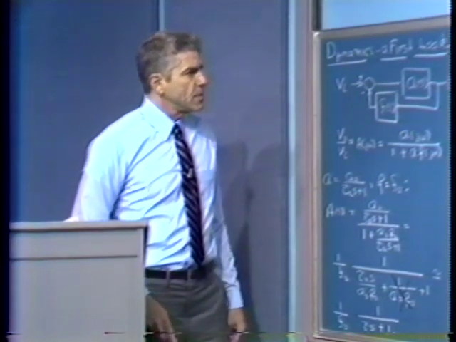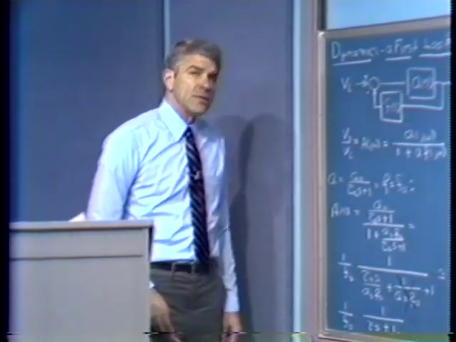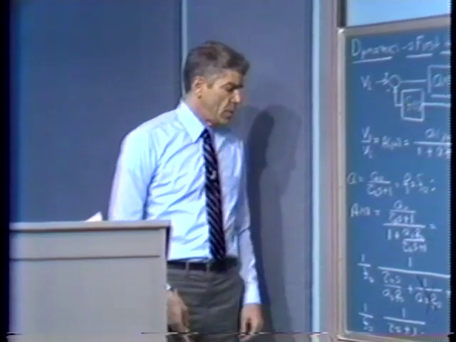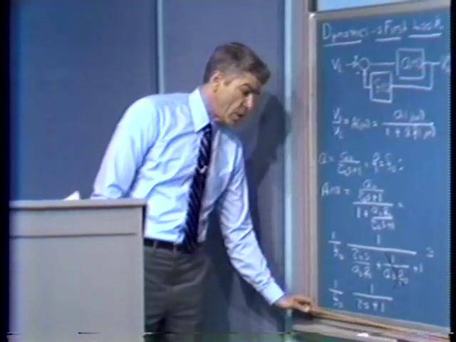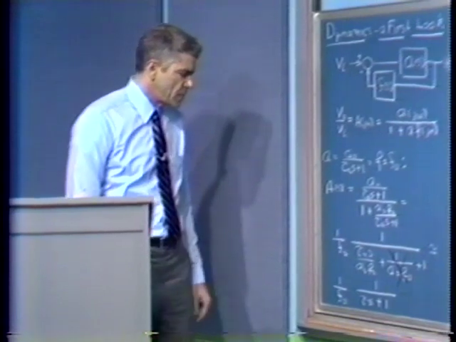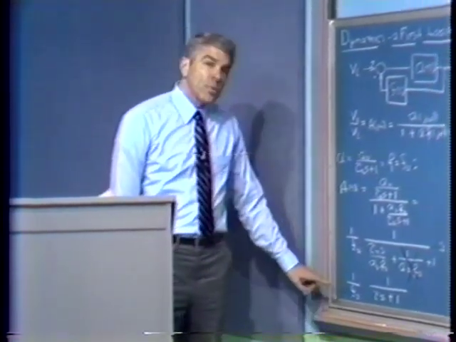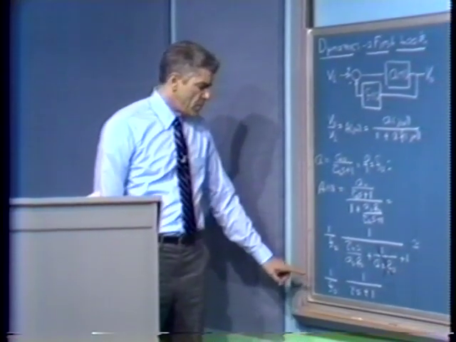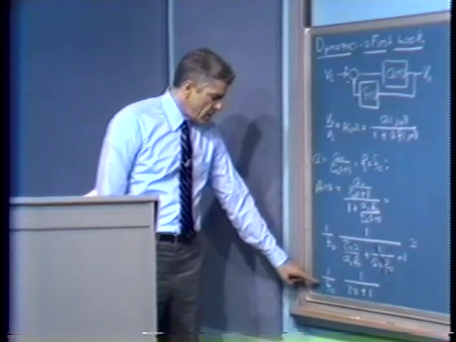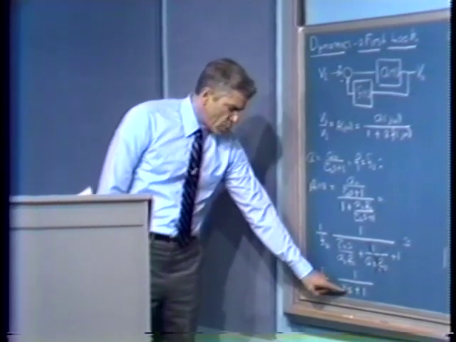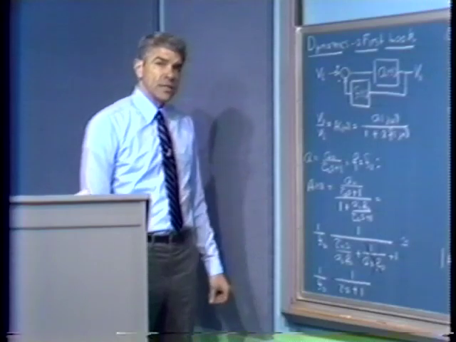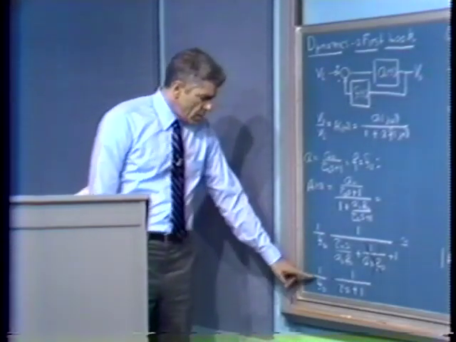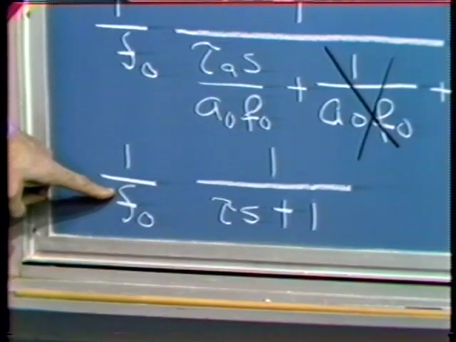And the interesting point that we should emphasize here that ties us back to our earlier material on dynamic-less feedback systems is that assuming we have large loop transmission magnitude, then at sufficiently low frequencies, in other words, where the tau s term in the closed loop transfer function is unimportant, the closed loop gain is effectively 1 over f naught.